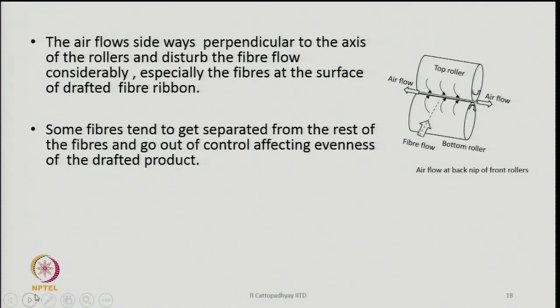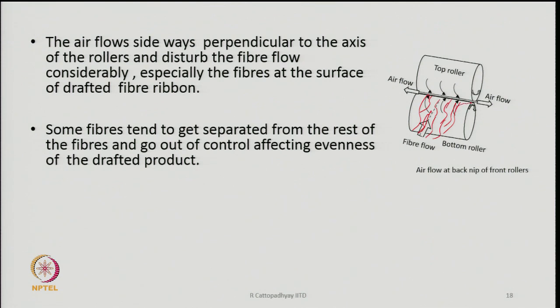Whatever fibers are there, let us say these are the fibers flowing here. These fibers are going to reach the nip and they will be gripped by the nip, but while they are trying to arrive at the nip point, the airflow is going to divert them.